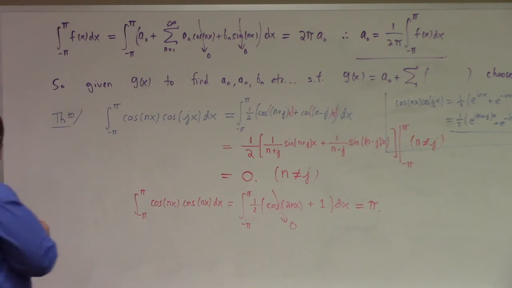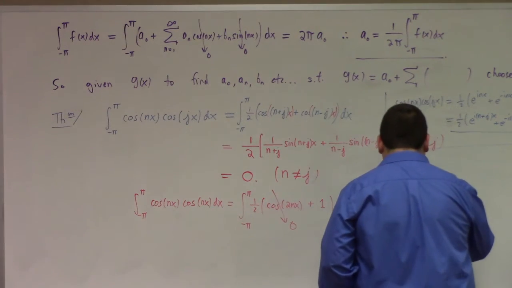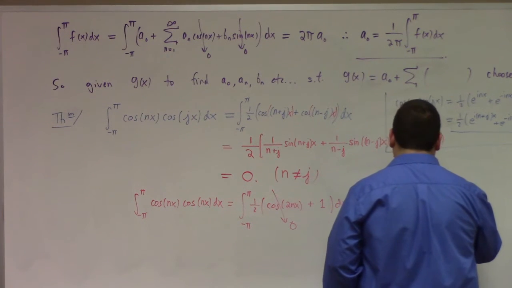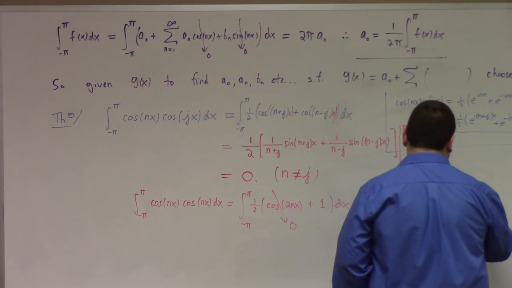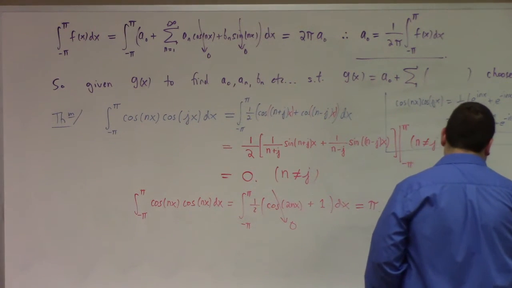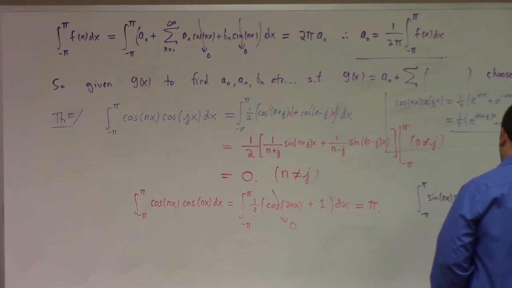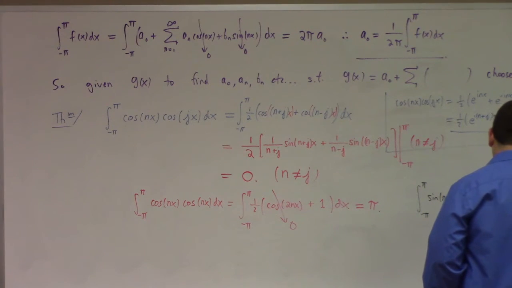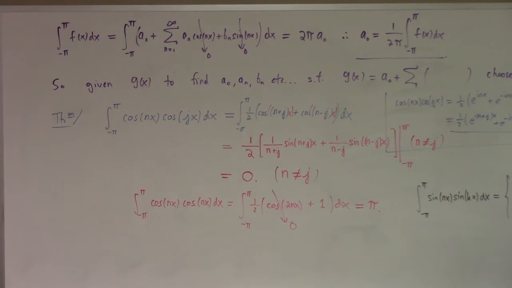Okay, so what's the point? By the way, similarly, you can prove that the integral from minus pi to pi of the sine of nx times the sine of kx dx is 0 for n not equal to k, and pi for n equal to k.